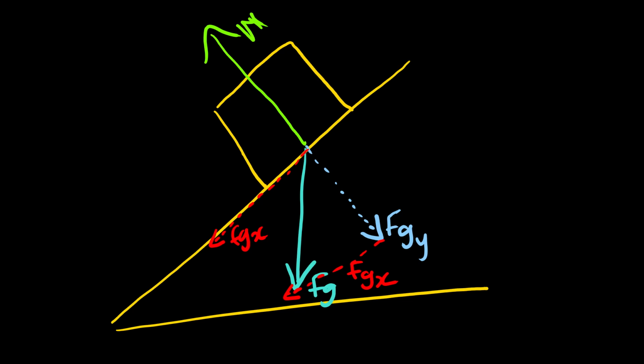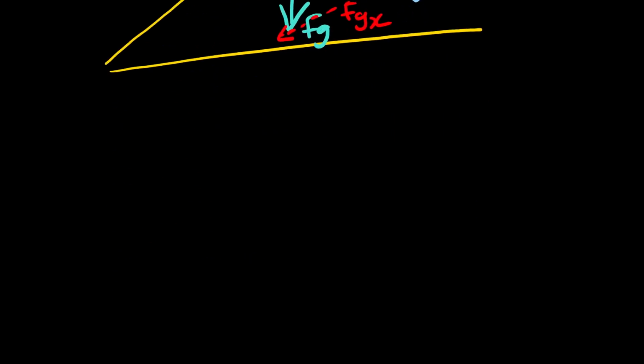Now looking at this, we can see that the angle between the normal force and the Fgy is 180 degrees. Now what is left? We need to know the equation of Fgy. This is taking us to the next part of this lesson video, which is the components.